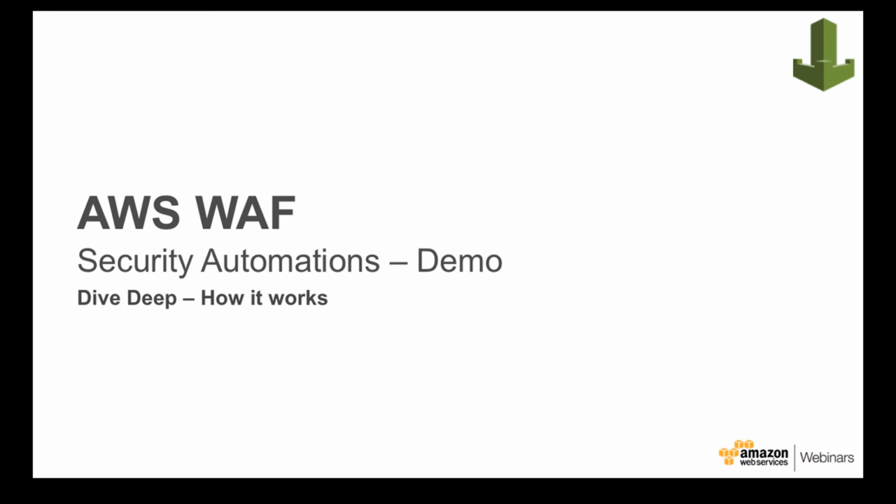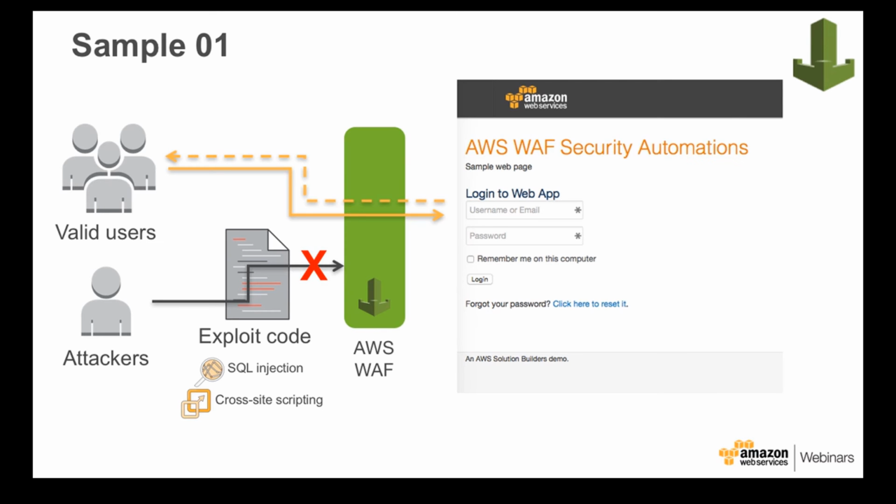For those who want to dive deep and see how each component works, we can split the protections into scenarios. Like the first one: if we want to use AWS WAF to inspect and block common or well-known signatures of exploit code.